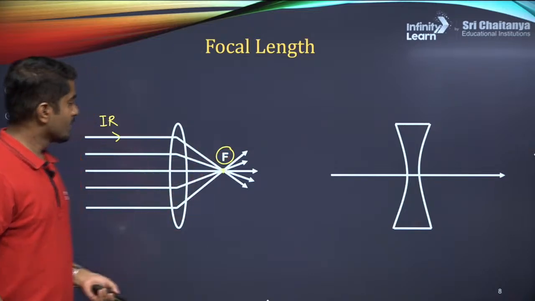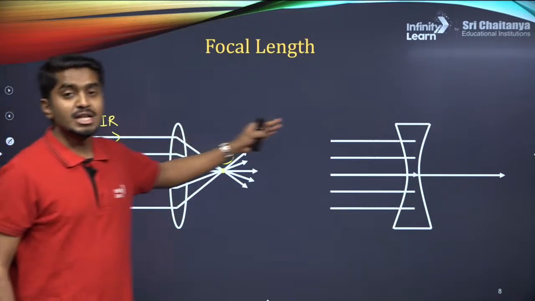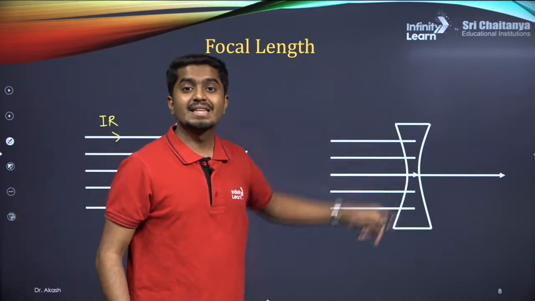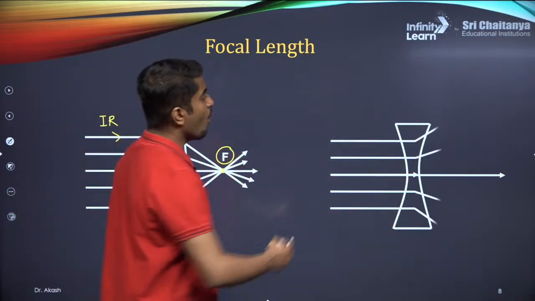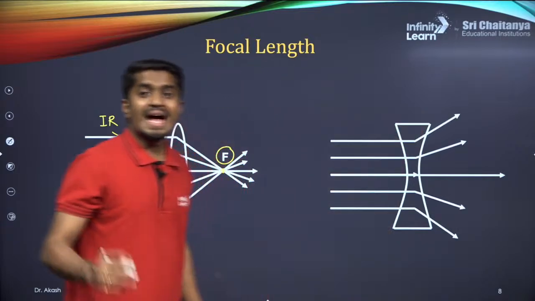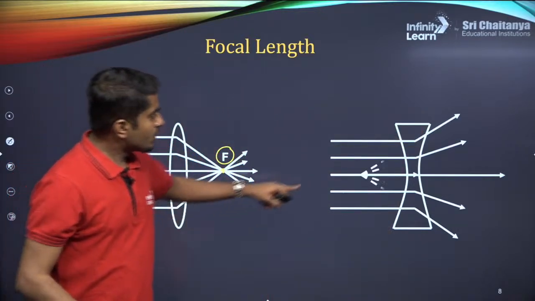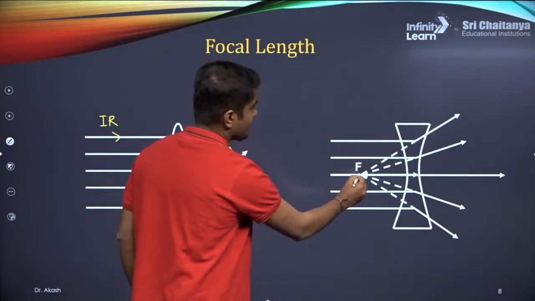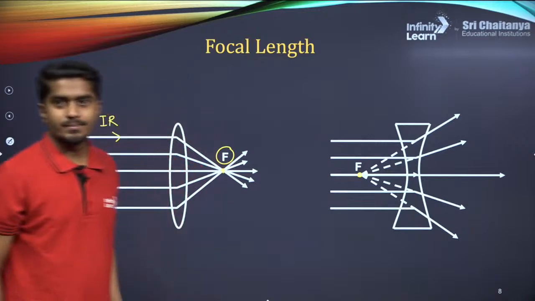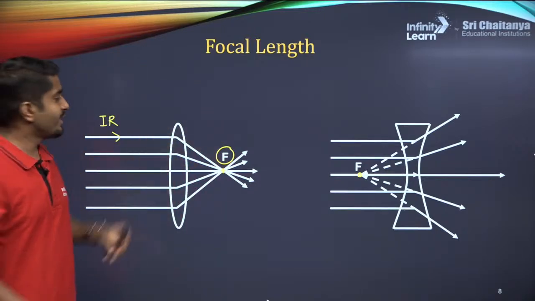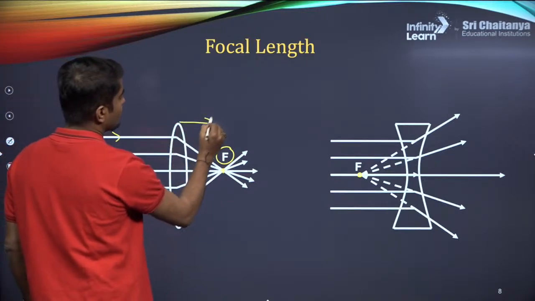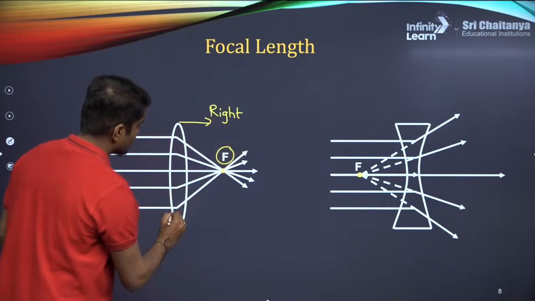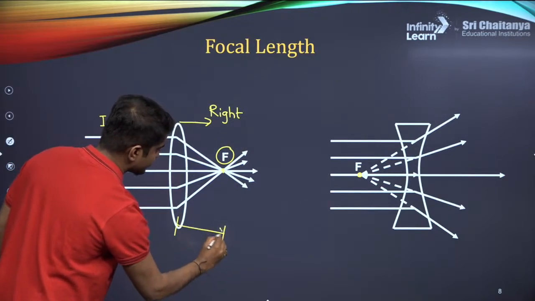Now similarly in the concave lens these incident rays diverge, they go away from each other and they appear to come out from a single point. So that point is called the focus. So when you have a convex lens, the focus is on the right side, so this will be the focal length.